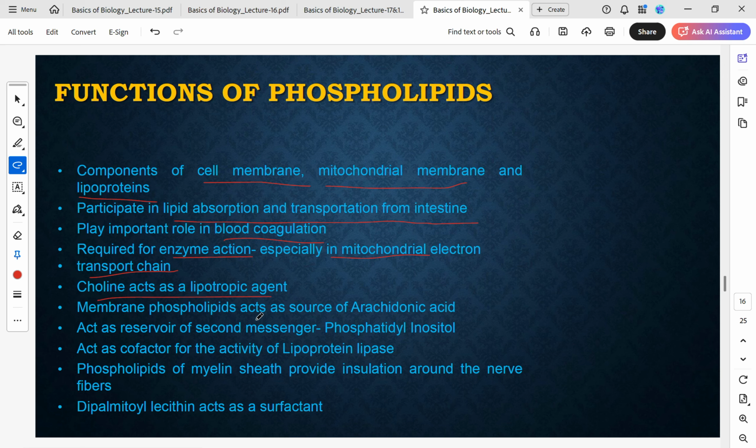Membrane phospholipids act as source of arachidonic acid. They also act as a reservoir of second messenger, phosphatidylinositol or PI. It acts as a cofactor for the activity of lipoprotein lipase. Phospholipids of myelin sheath provide insulation around nerve fibers. Dipalmitoyl lecithin acts as a surfactant in the body.